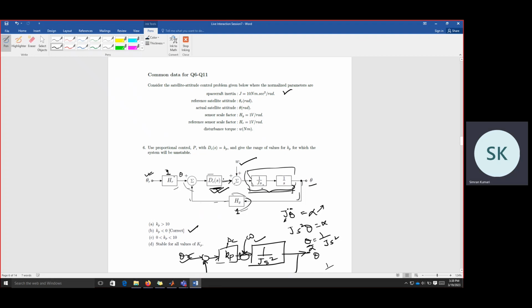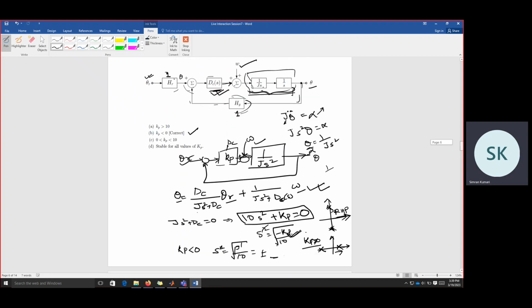So then what we need to do, since this plant is unstable, and then we have added proportional control, this gives us a marginally stable system. We want to move or shift the poles of this closed loop system towards the left in the S plane.